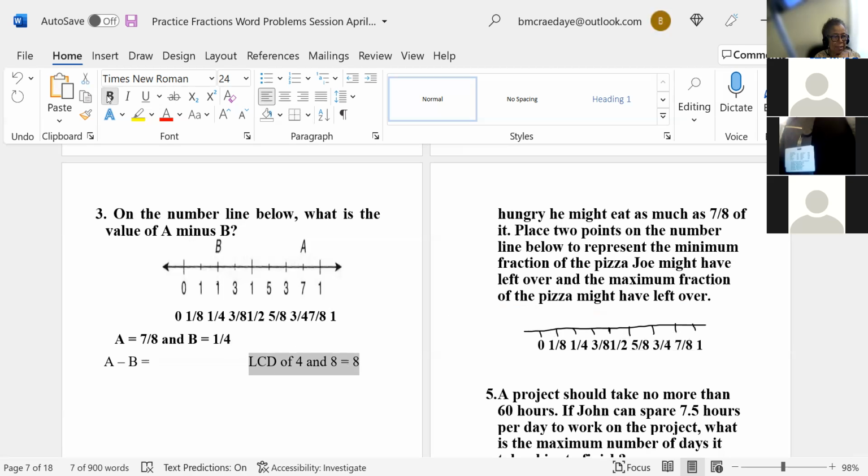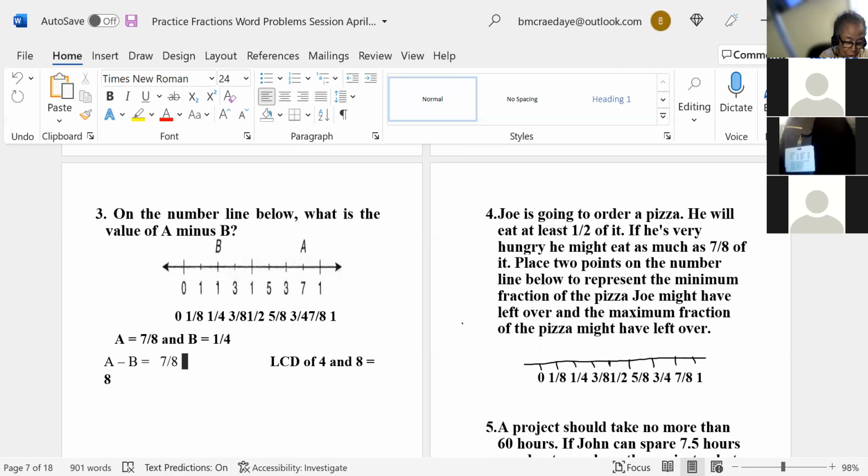That's right. So that would be 7/8 for the A, 7/8 minus 1/4, you know that's 2/8, minus 2/8, and that's equal to 5/8. Very good.